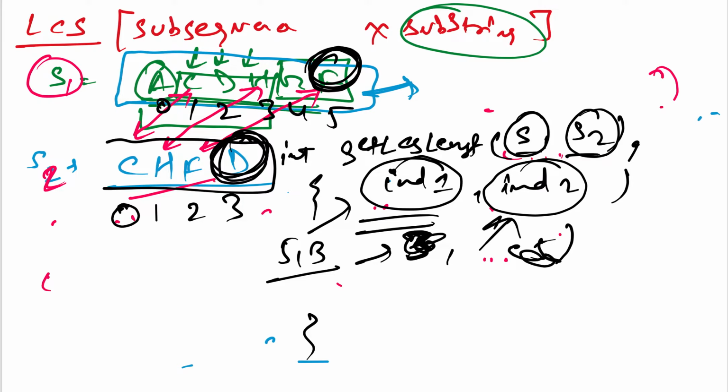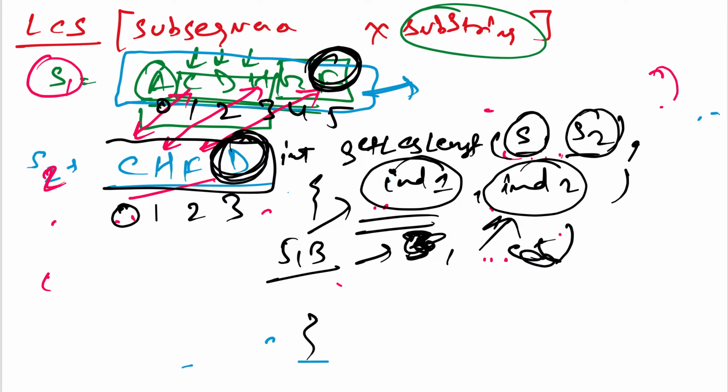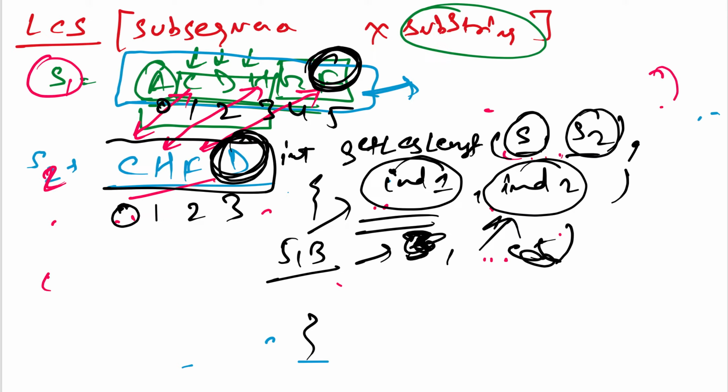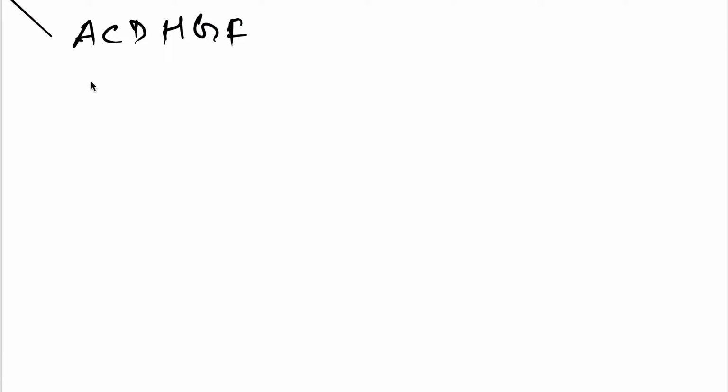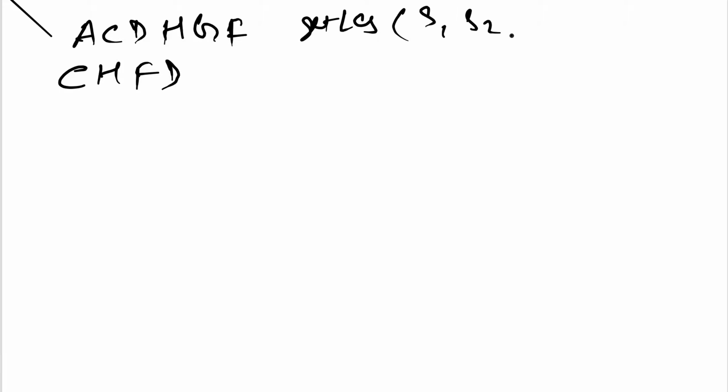Now we will go to the recursive formula. Let me open up a new page. So our example was ACDHGF, and the second was CHFD. Our function call was something like getLCS s1 comma s2 comma 5 comma 3.